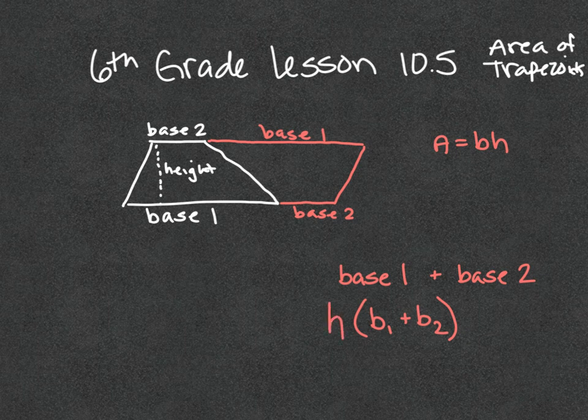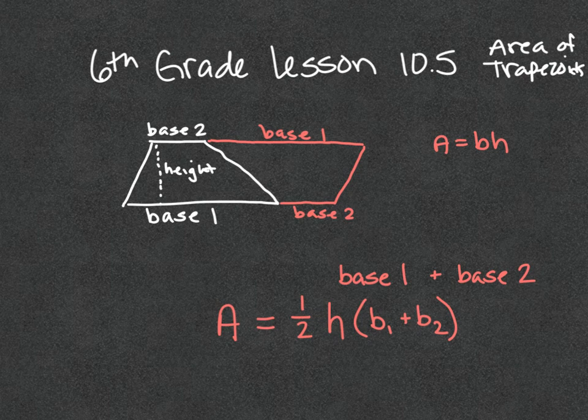Then we took the whole answer of the whole parallelogram, the whole area, and we cut that in half, or divided by 2, also known as multiplied by 1/2. Either one. Multiplied by 1/2 is the same as divide by 2. So we multiplied that whole thing times 1/2, or divided by 2. Same thing. And that gave us the area of the trapezoid.